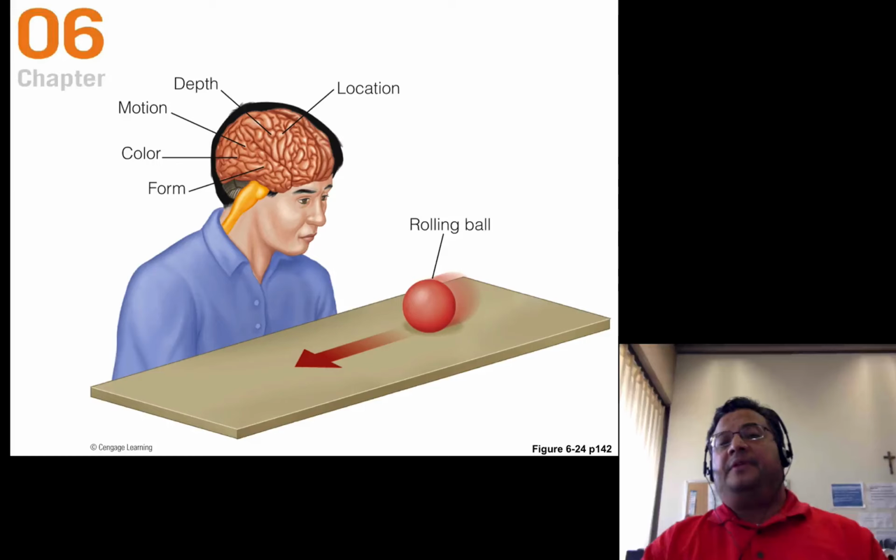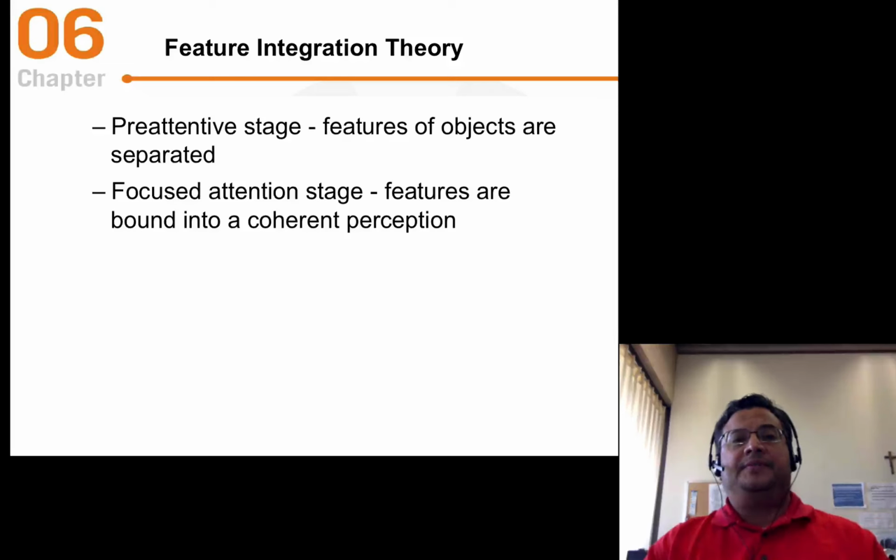There's a lot of different things, a lot of separate things that are being analyzed, yet it all gets brought together somehow as the perception of a ball rolling on a surface.